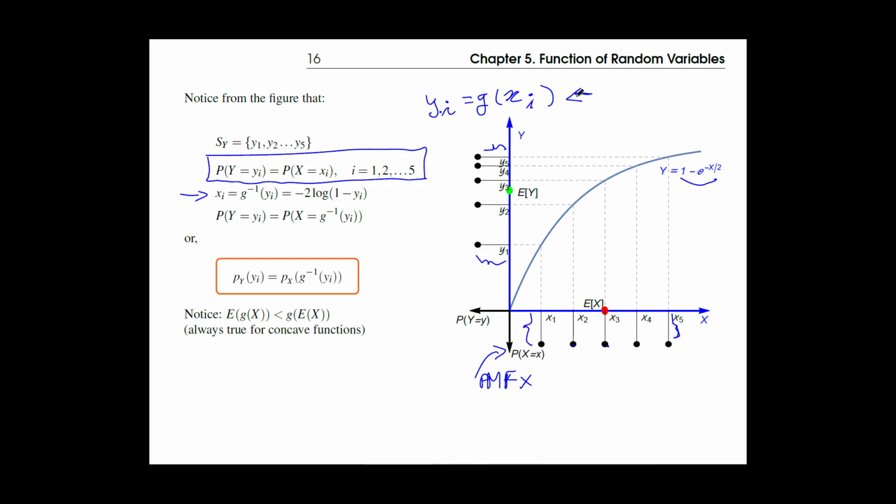Okay, in this case it's the logarithm function. So once you have the inverse, we replace this xi right here by the inverse. And that's the recipe, really.